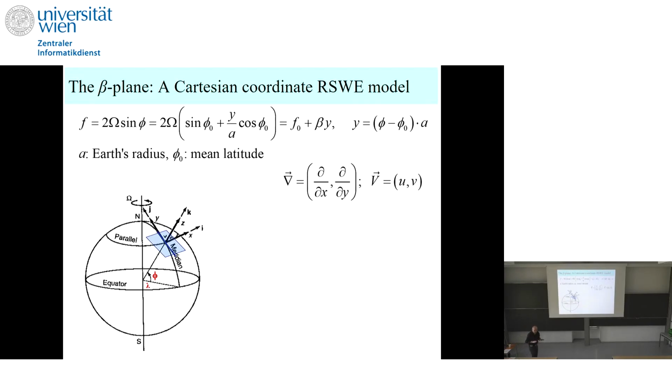Now, it has been known for about 2,500 years that the Earth is not flat, and it's hard to believe it when you read books like Pedlosky's or Vallis's or any of the GFD books, because out of the 1,000 pages, maybe 2 involve spherical coordinates, as if nobody knows that the Earth is a sphere. So we know that it's a sphere, but as you'll see if you come on Friday, it's a very, very difficult task to study these equations on a rotating sphere.